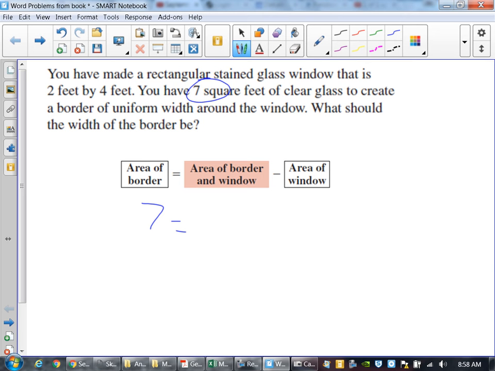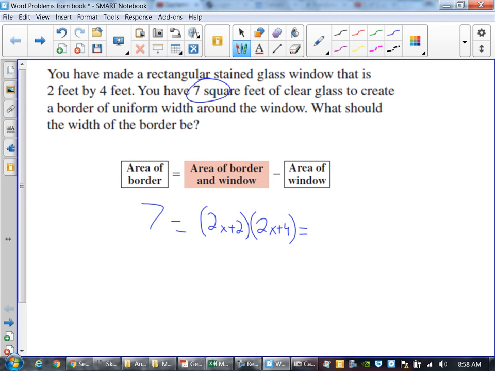What was it? Oh, no, not 2x, I'm sorry, it's 2 plus 2x. I can write it like that, 2x plus 2, and then 2x plus 4. Why is it 7 and not 15?